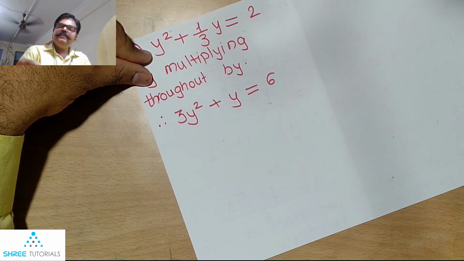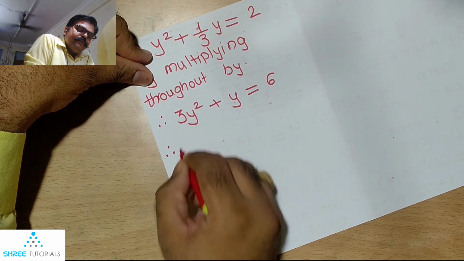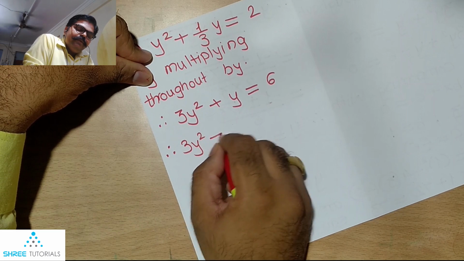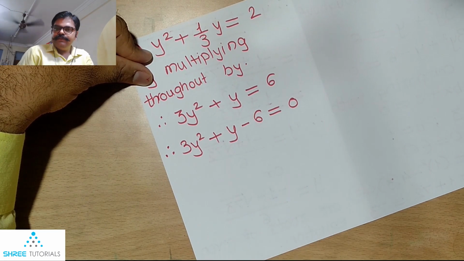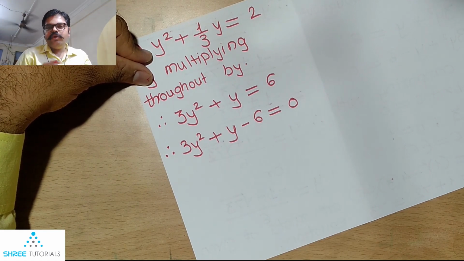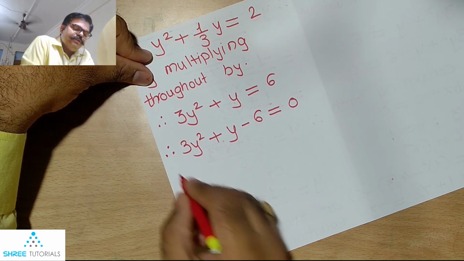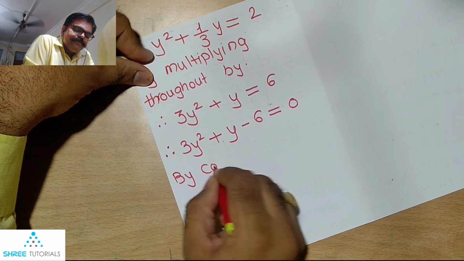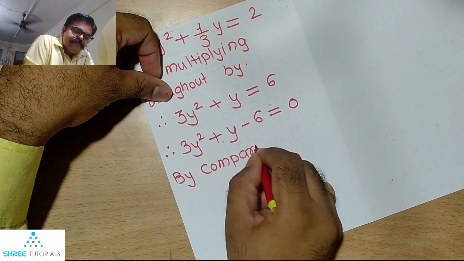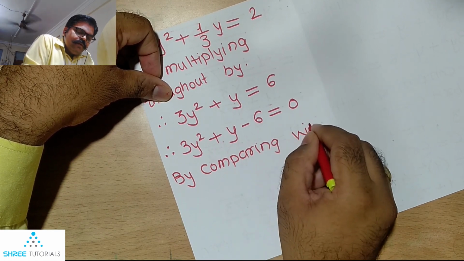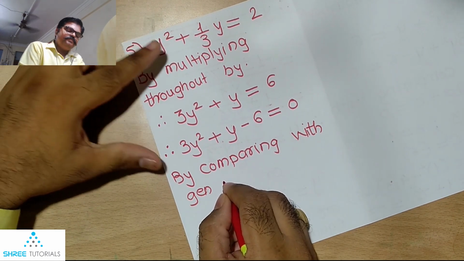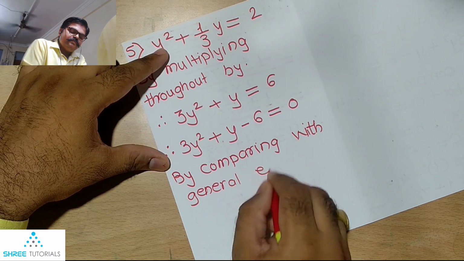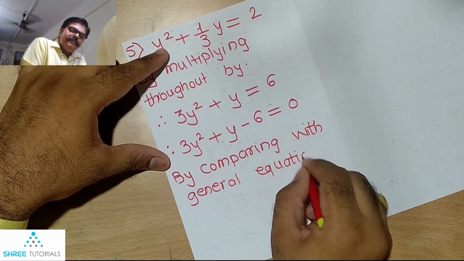Now we are going to take everything on the left hand side, and therefore this quadratic equation will look like 3y square plus y minus 6 is equal to 0. But this is not sufficient. We got to have the values for a, b and c, and for that matter we will be comparing this equation with our general equation. Therefore, by comparing with the general equation, what is the general equation they had given us?